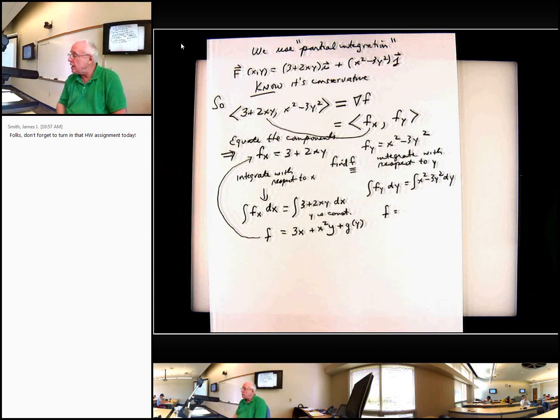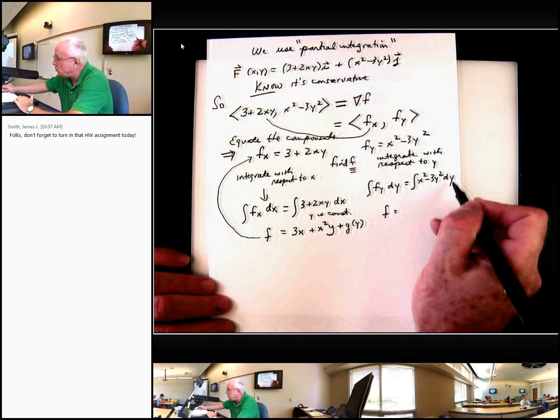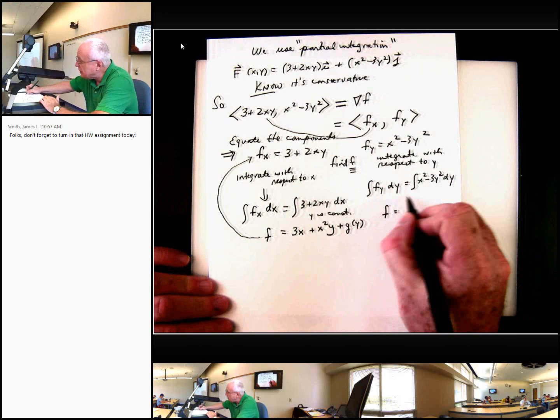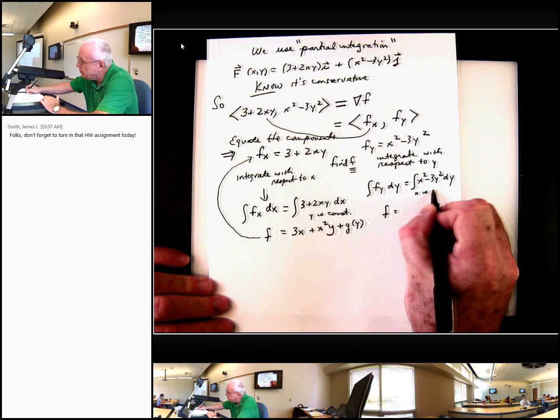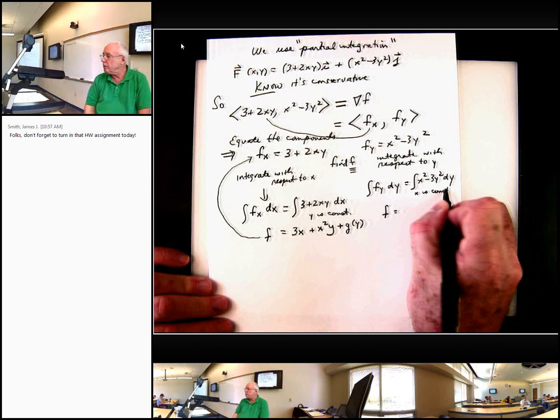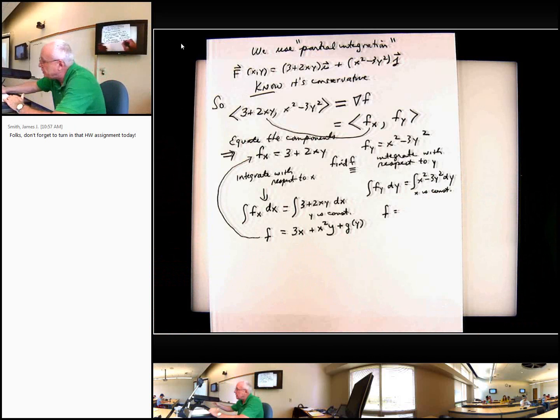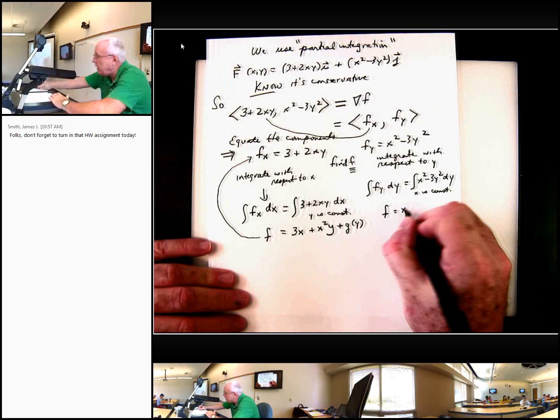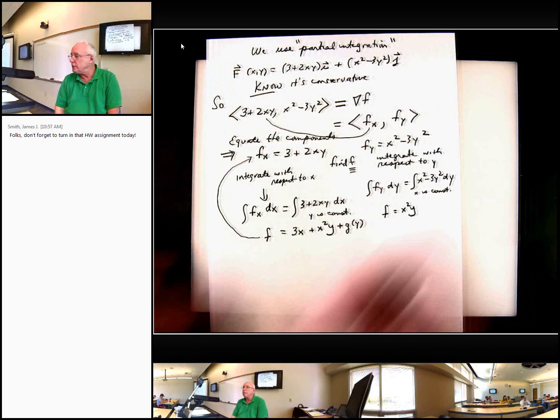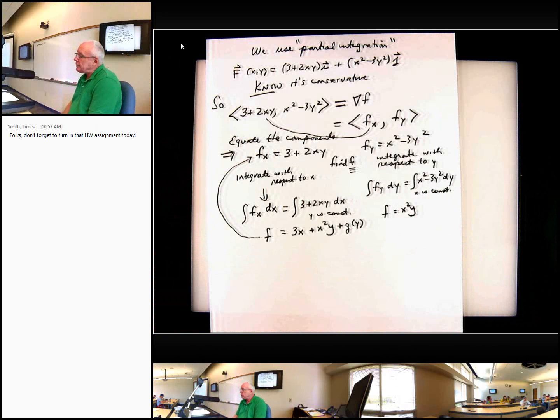Now, on the right side, I'm integrating with respect to y. So x is a constant. All right? Okay. So the first term, x squared, when I do that antiderivative, I'm going to have to tack on a y. That's going to become x squared times y. And then the second term, all I have is the y squared. That's going to be minus 3y cubed over 3.